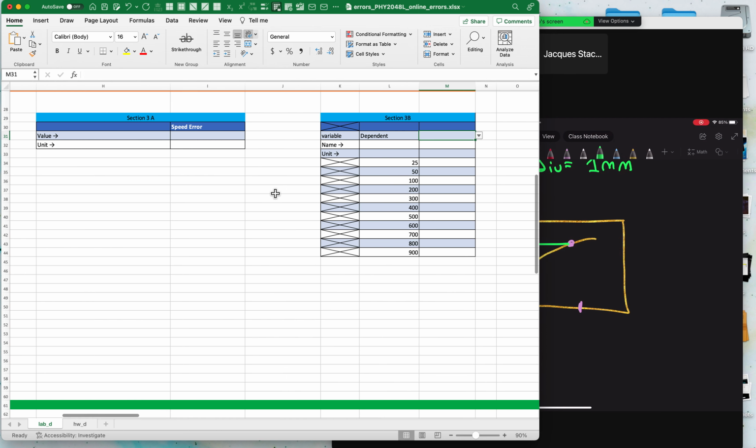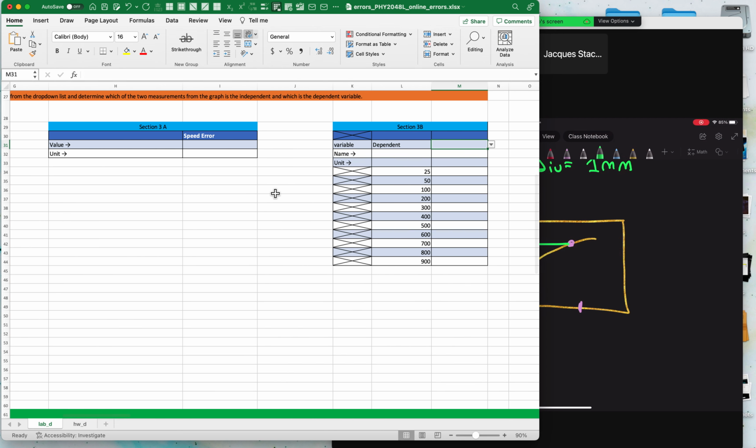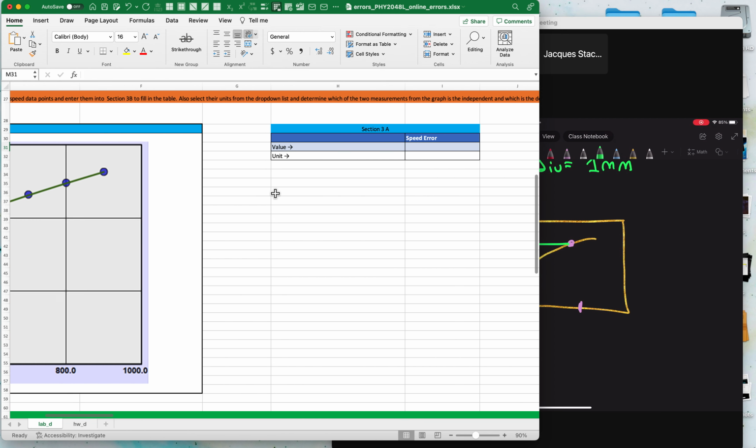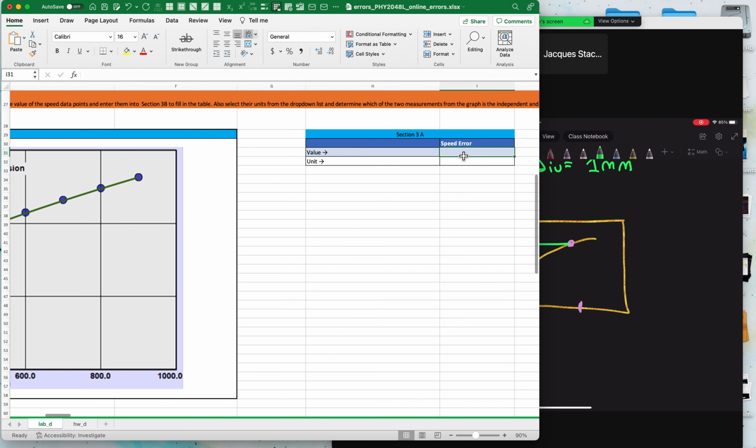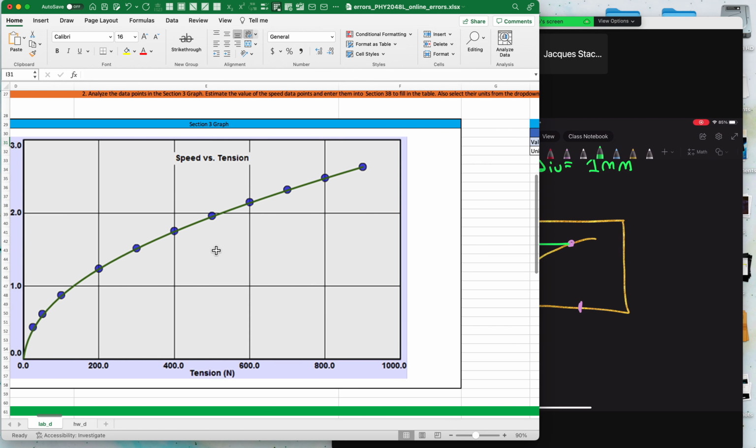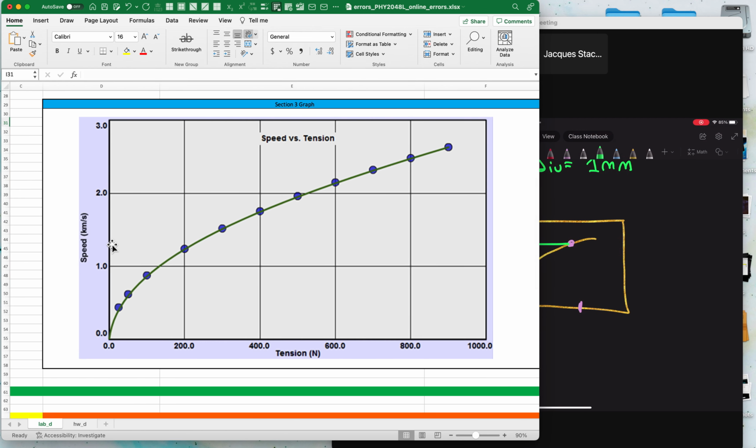So that is a kind of a repetition for the last lab. The only new thing now is you also have to find the error for the vertical axis, or in this case here for the speed. So here the smallest division is going to be 1 unit, and you have to decide, because these are Y divisions, are you going to multiply the smallest division by 0.1 or 0.5?